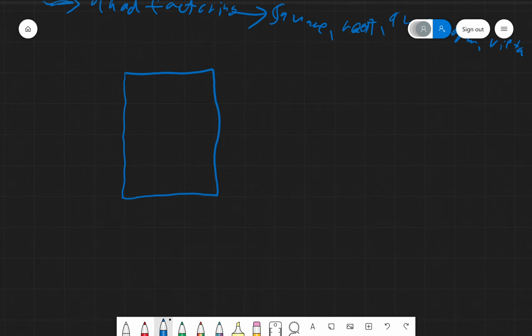Now we know if this side was A and this was B, the area is AB. Now we add on to the rectangle. Notice that this is also A, and let's say this is C. Then the area of this is AC, right?